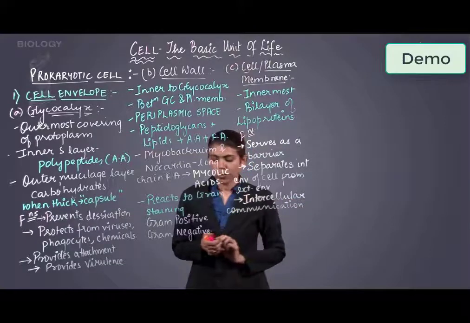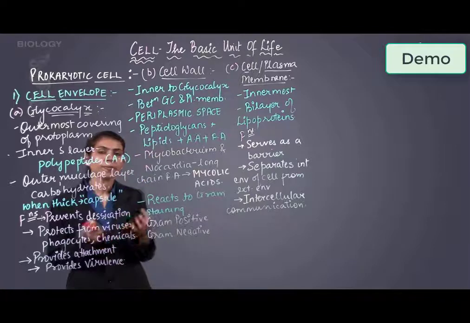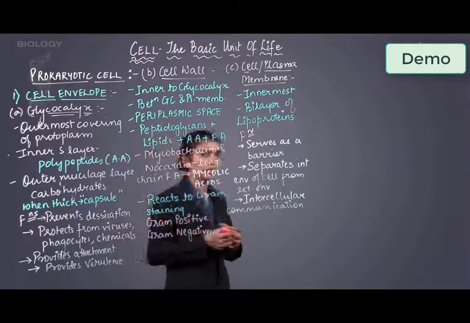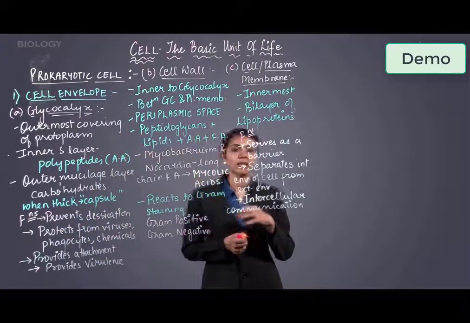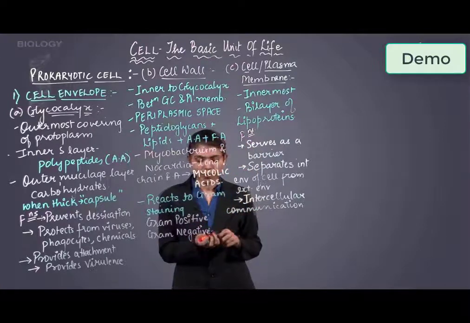Now it is the plasma membrane which has receptor sites to receive molecules and to react to those molecules of chemicals. So it has receptor molecules to receive chemicals and to react to them.